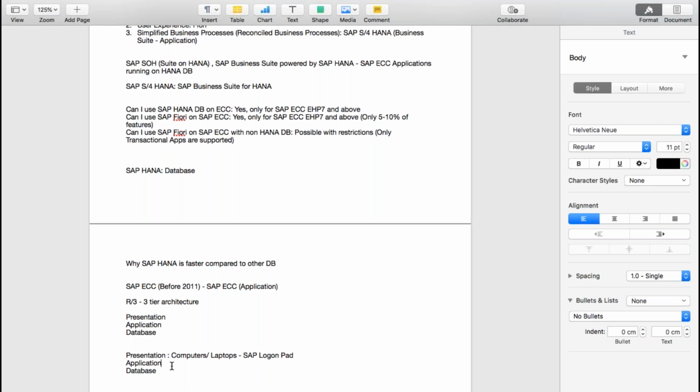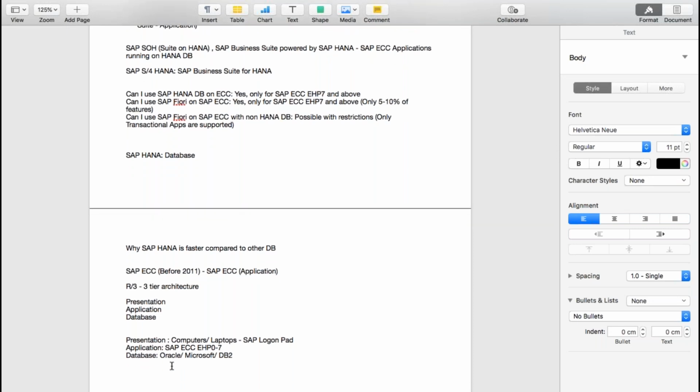When it comes to application, which application were we executing? SAP ECC EHP 0 to 7, whatever was the application. And when it comes to the database, there was no SAP HANA before 2011, right? So what are the other databases that we were using? We were using Oracle, Microsoft, DB2, right? These are some examples of the databases that we were using earlier. So this is what was happening till SAP introduced their own database, that is SAP HANA.